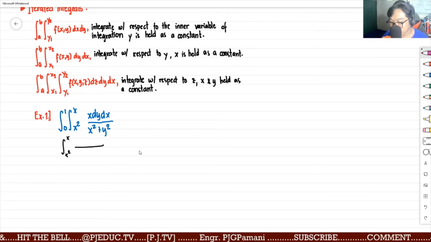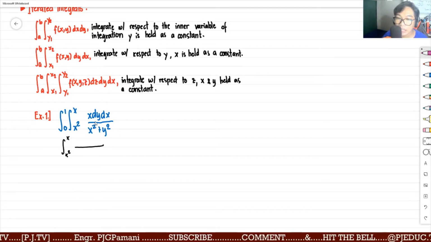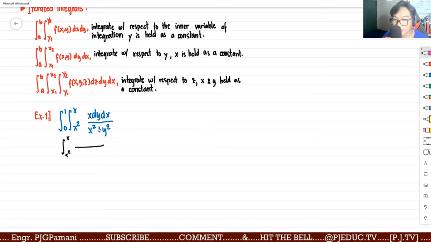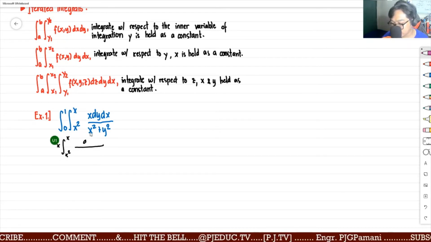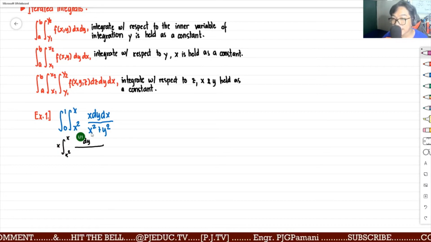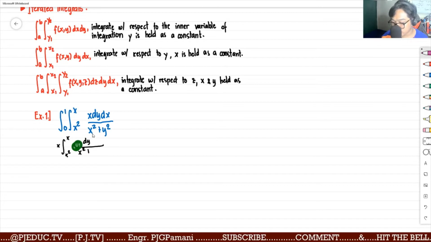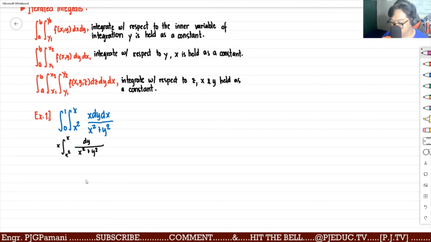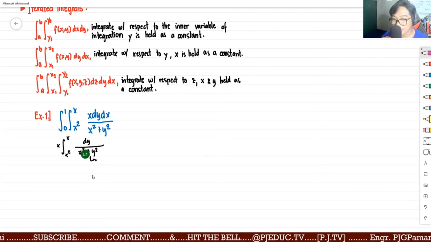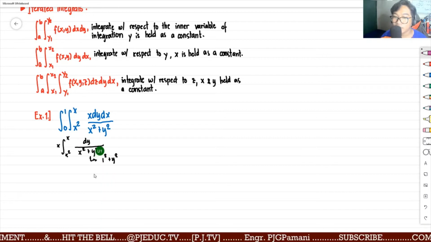So if x is constant, we could then easily extract x from this problem. Okay? Labas natin si x, iwan si dy, mamaya natin gagamitin si dx. Then x squared plus y squared. So if x is constant, therefore, this expression is the same as 1 squared plus y squared, right?